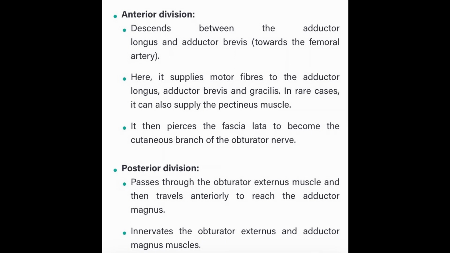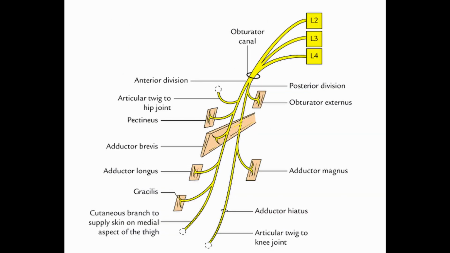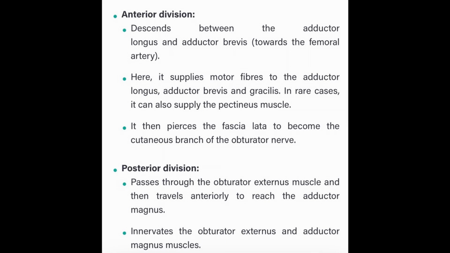In rare cases it can supply the pectineus muscle. It then pierces the fascia lata to become the cutaneous branch of the obturator nerve. So this is the anterior division of the obturator nerve.